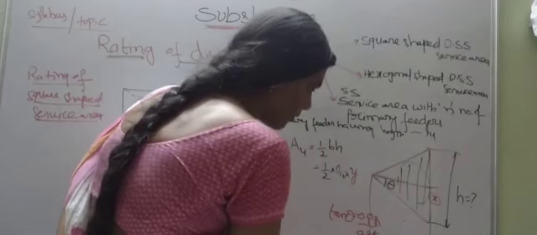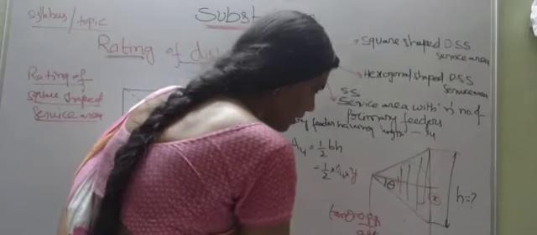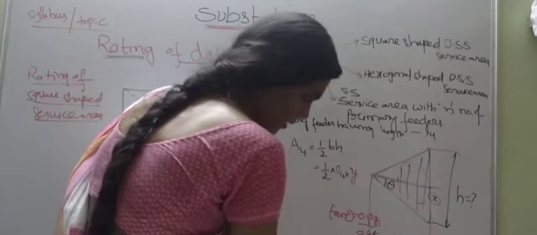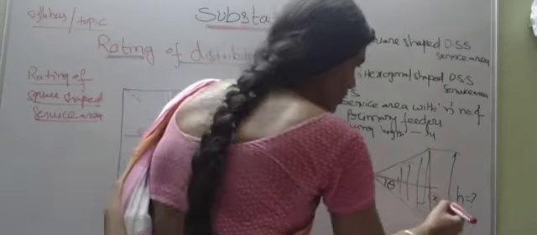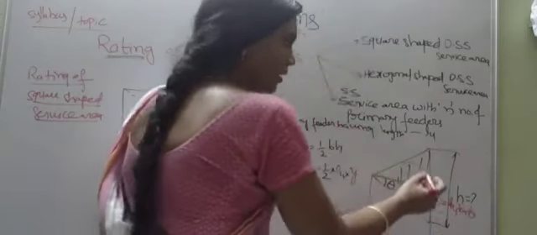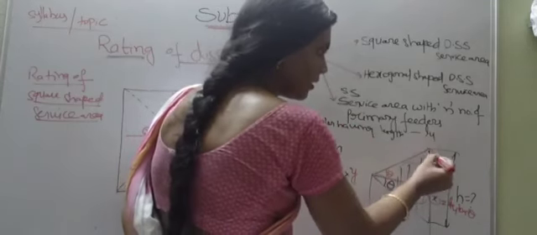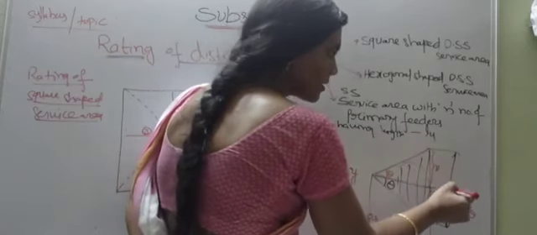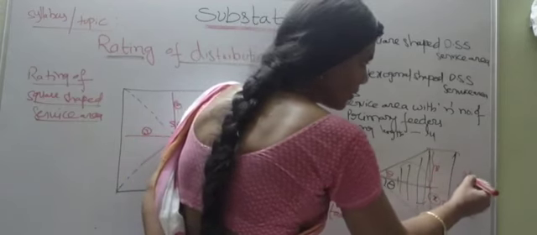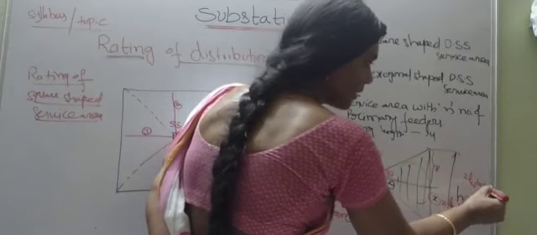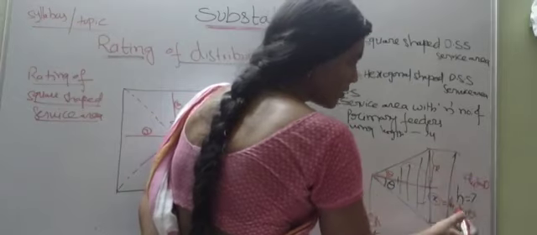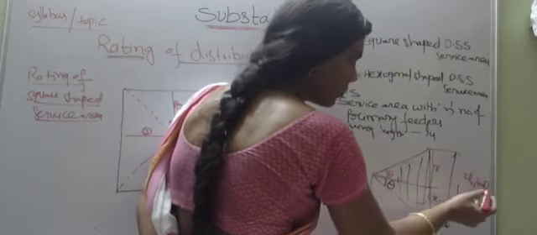So tan theta equals x by L4, then x equals L4 tan theta. This is also x. So x plus x is 2x, that means H equals 2 L4 tan theta. This is L4 tan theta, and this is also L4 tan theta.